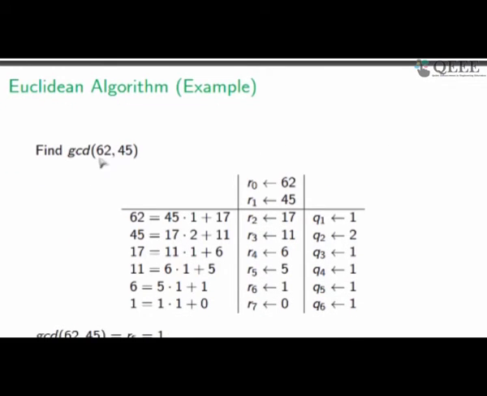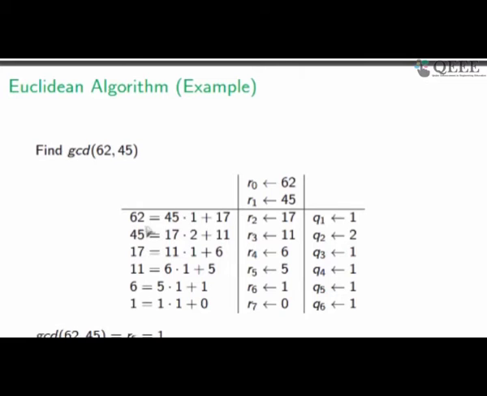So for example, let us say that we want the GCD of 62 comma 45. So you take R0 equal to 62 and R1 equal to 45 and divide 62 by 45. That's a quotient of 1 and a remainder of 17.